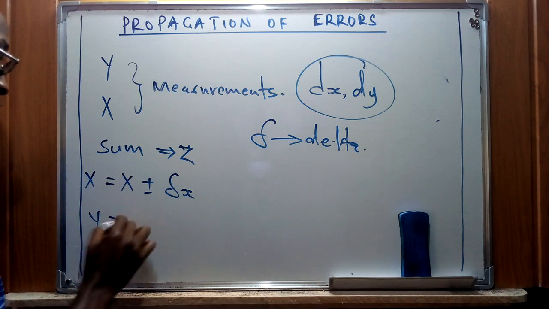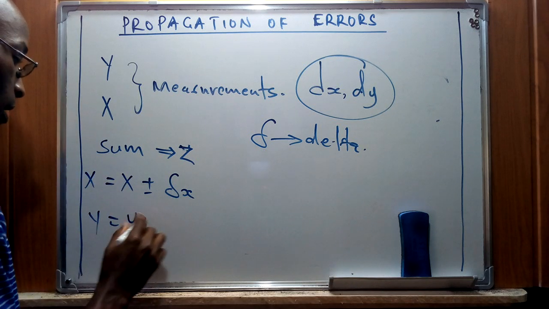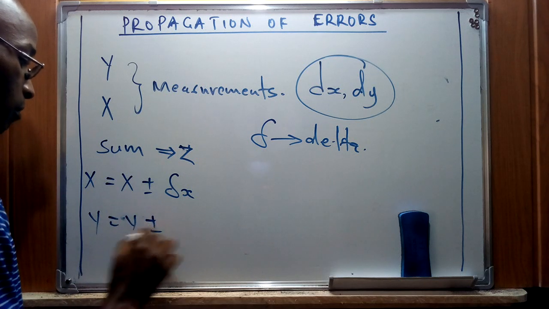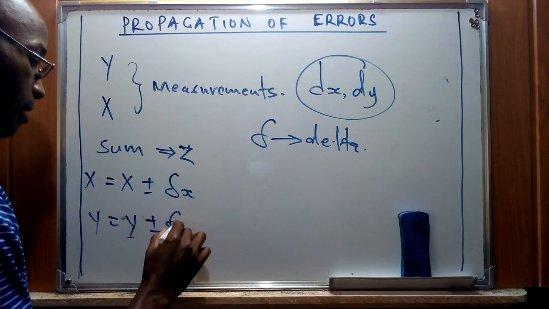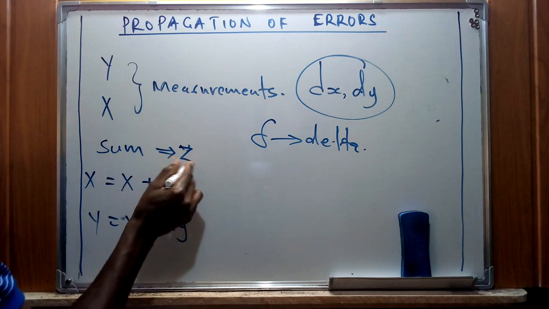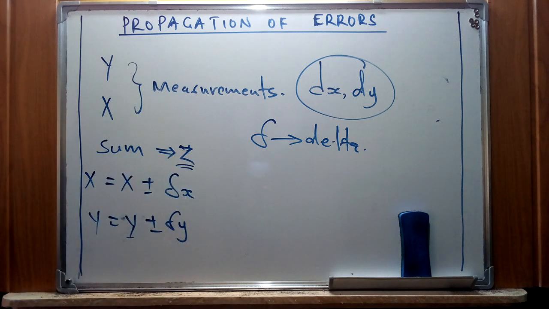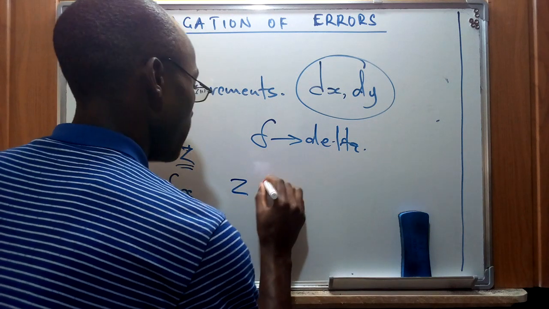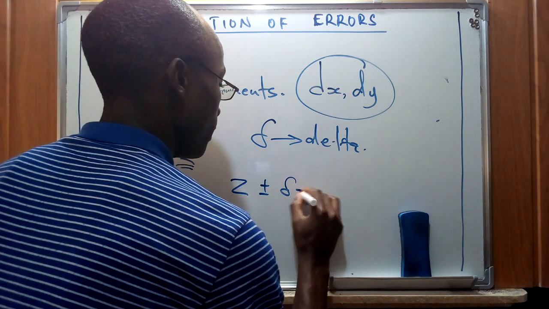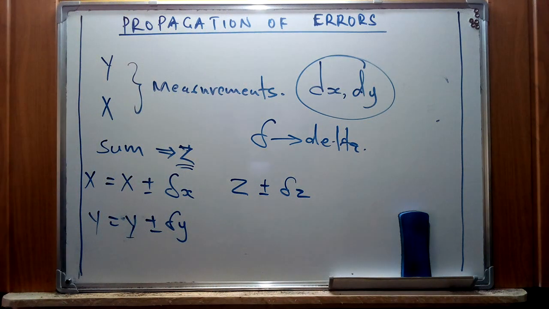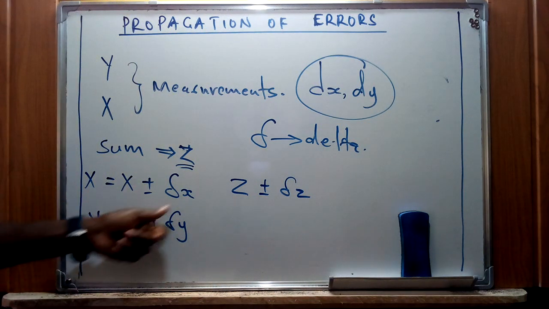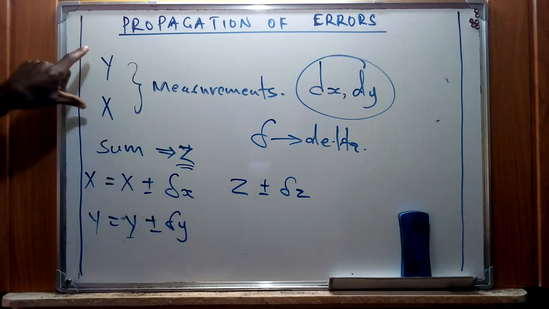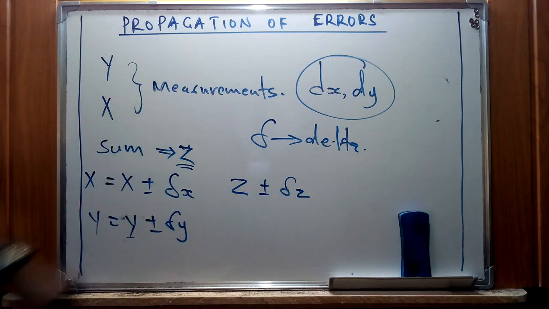And then for y, let me just use uppercase, so Y plus or minus delta y. And then for the total value of z, we're going to have it given as Z plus or minus delta z. So these are the three expressions that we can use in expressing these specific measurements using the individual errors.